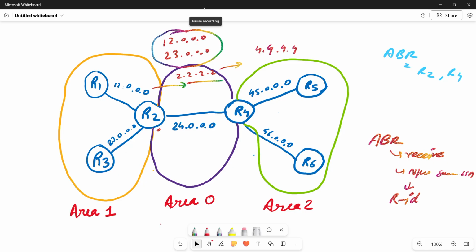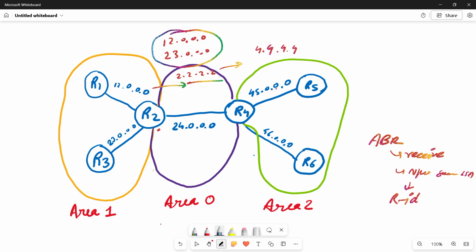Now, the second thing is a condition, and this condition is a very strict requirement.